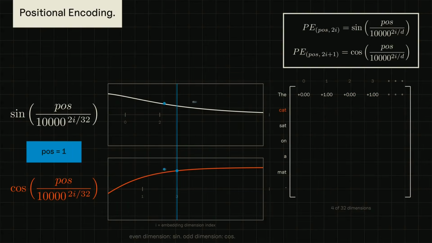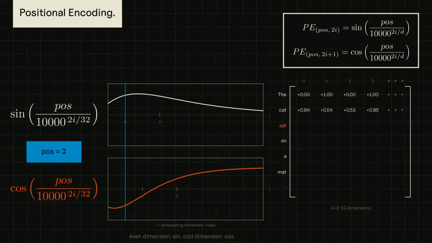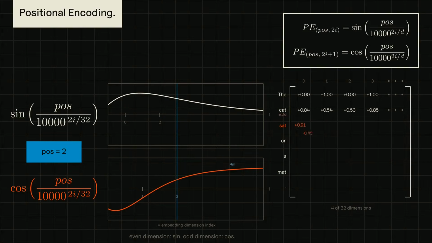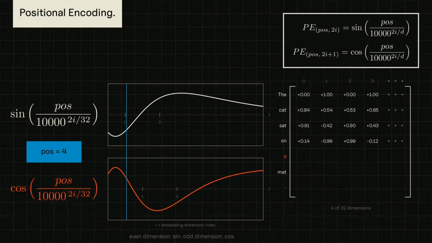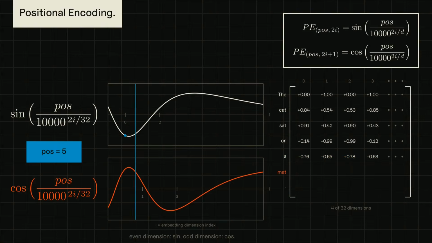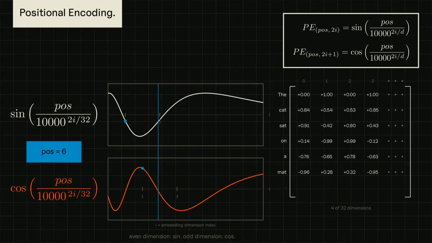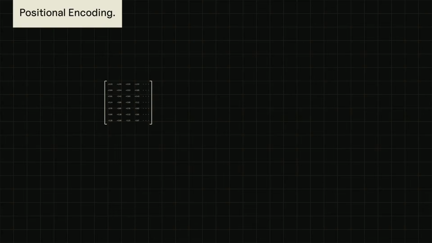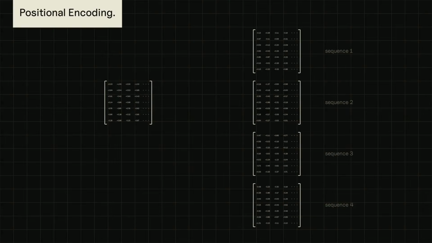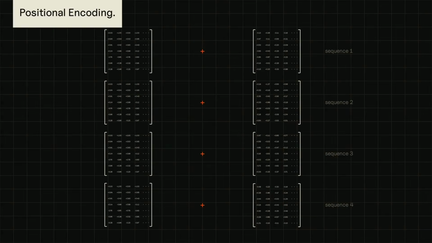Then, if we do this to every other token, we see that we get sines and cosines of varying phase for the subsequent tokens. If you have noticed, these values remain the same for every single sequence, meaning we can just add the same matrix to all sequences in the batch.